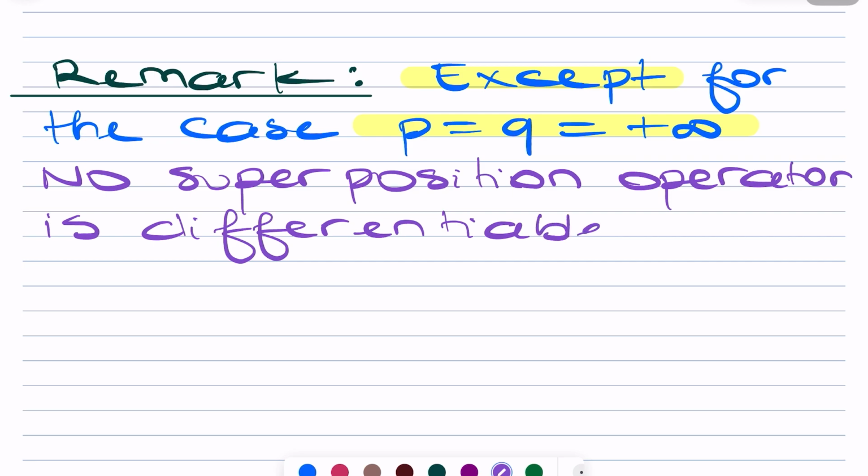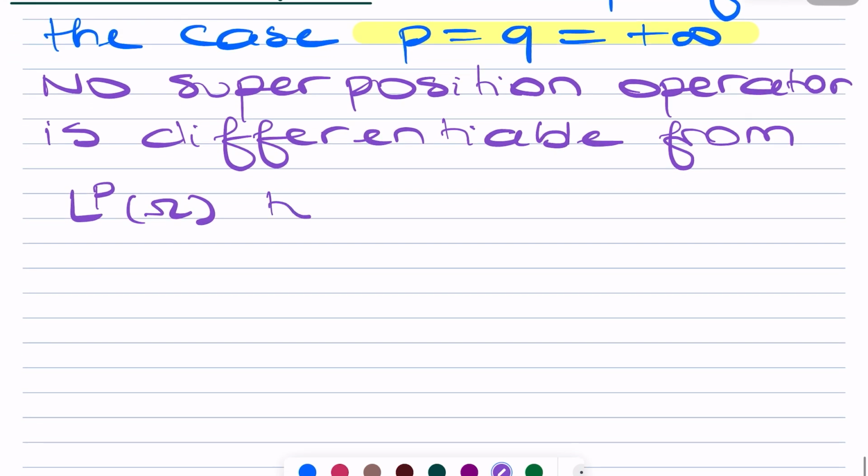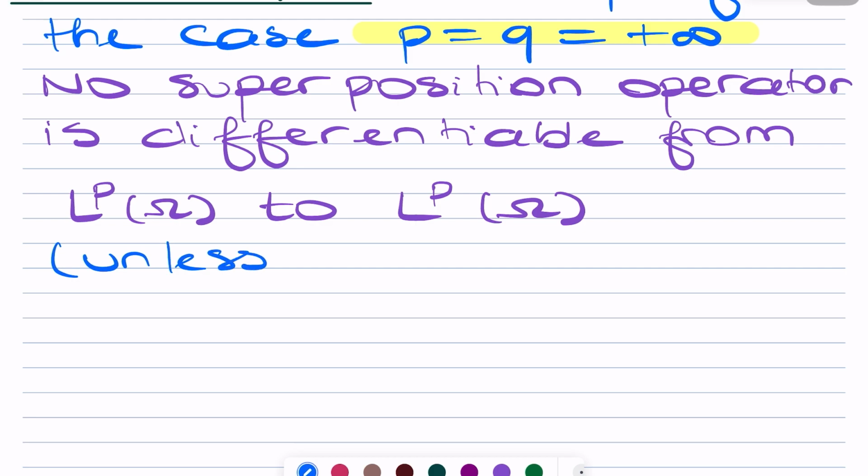No superposition operator is differentiable from LP of omega to LP of omega, unless, of course, it is affine.